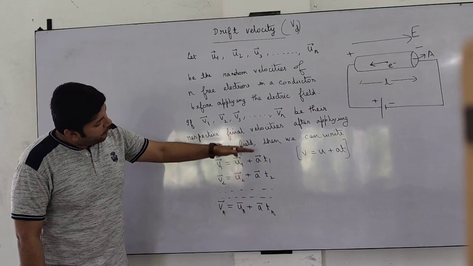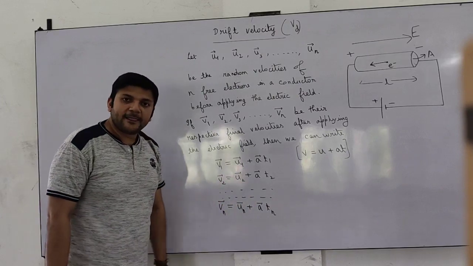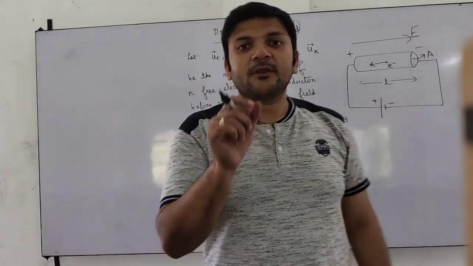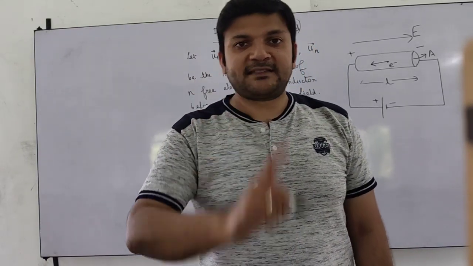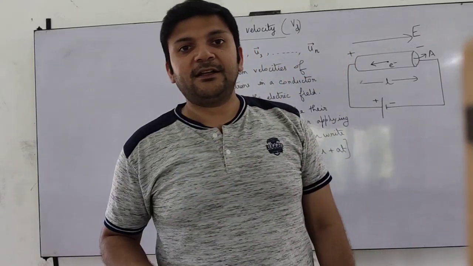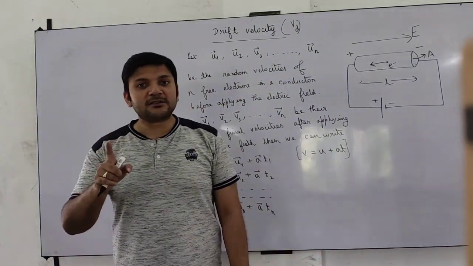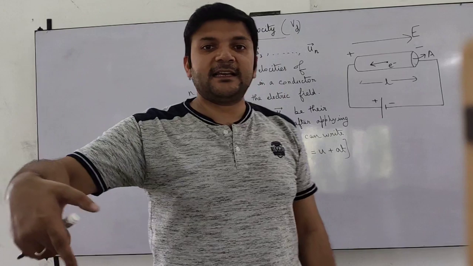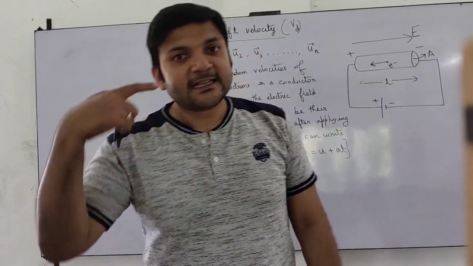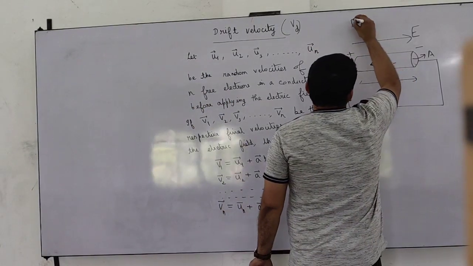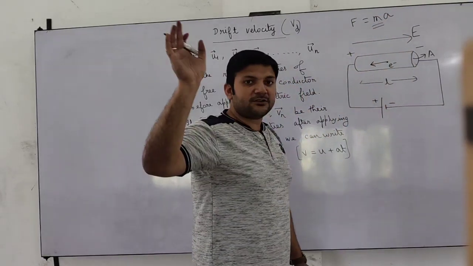You see, in all these equations, acceleration a is the same. Why? Because all the electrons have the same mass, and on all these electrons the same electric field is exerting force. So the acceleration is the same. F equals m a. m is constant, the same for all electrons.